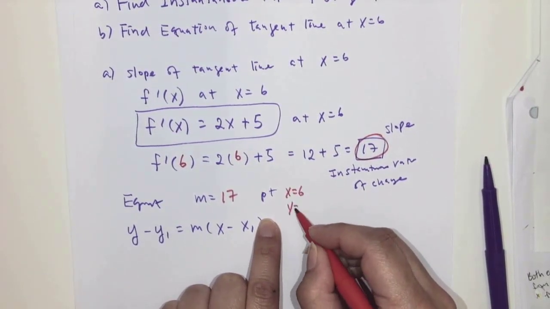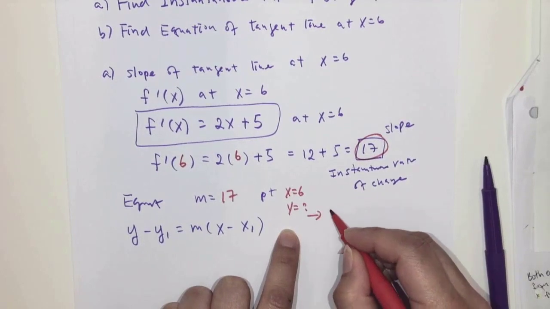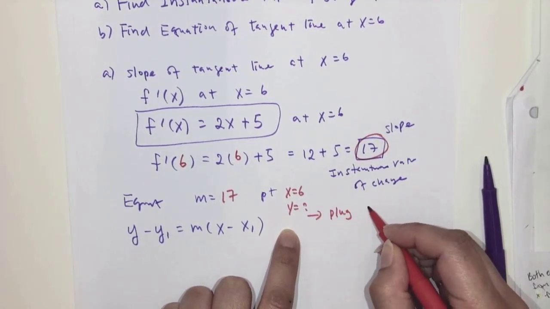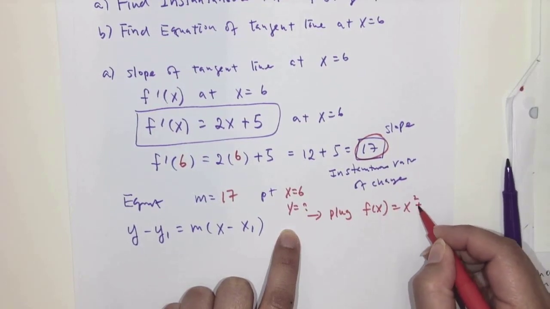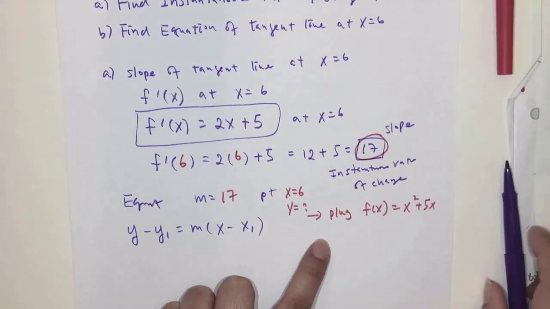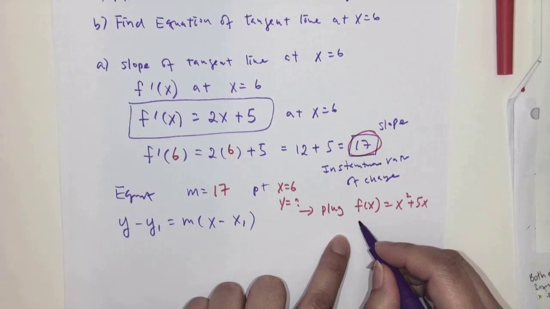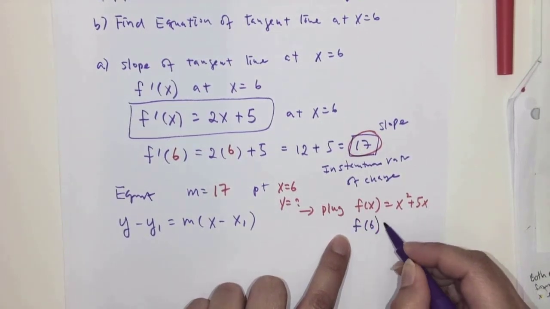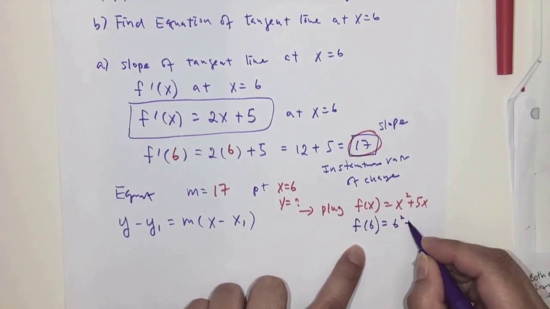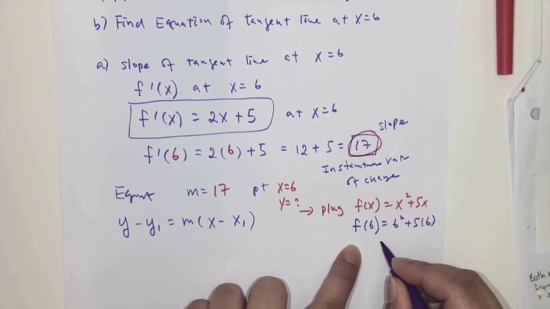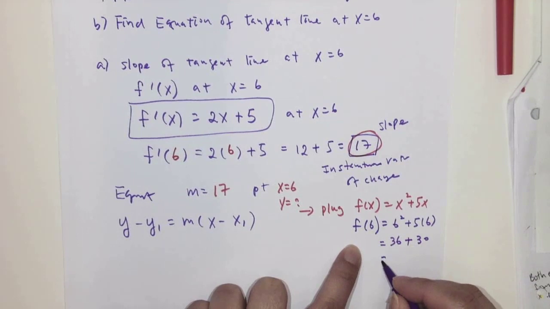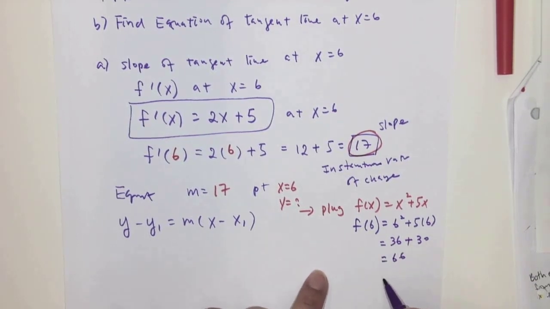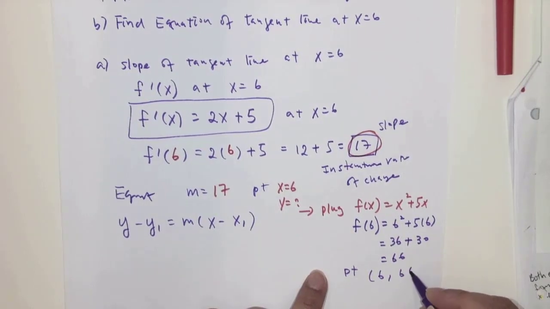To find the y value, we need to plug into the original function. f of x is x squared plus 5x, so make sure you don't plug into the slope. You need the original function, and we plug in f of 6 equal to 6 squared plus 5 times 6. 6 squared is 36, right? 5 times 6 is 30. Altogether that would be 66. So the point itself is x equal to 6, y equal to 66.